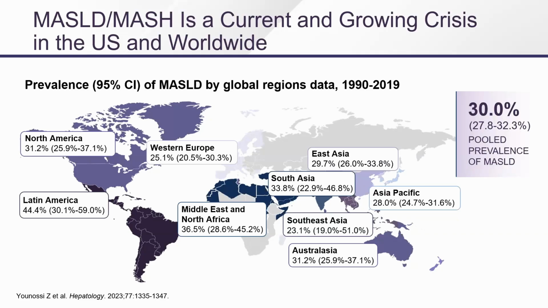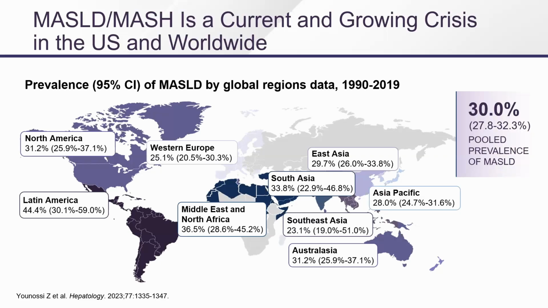MASLD and MASH is a current and growing crisis worldwide, and in the United States. The reason I say growing crisis is that the overall prevalence of MASLD worldwide in the 90s was 17%. We are up to 30% globally now.